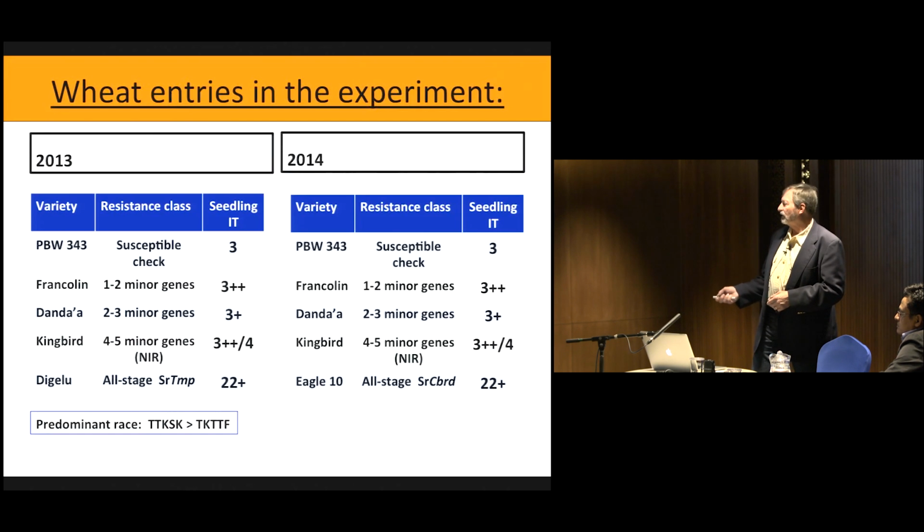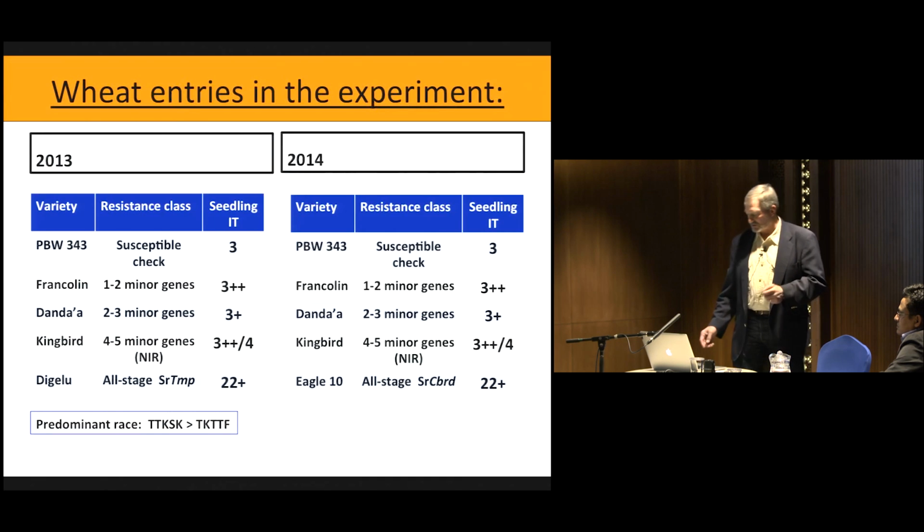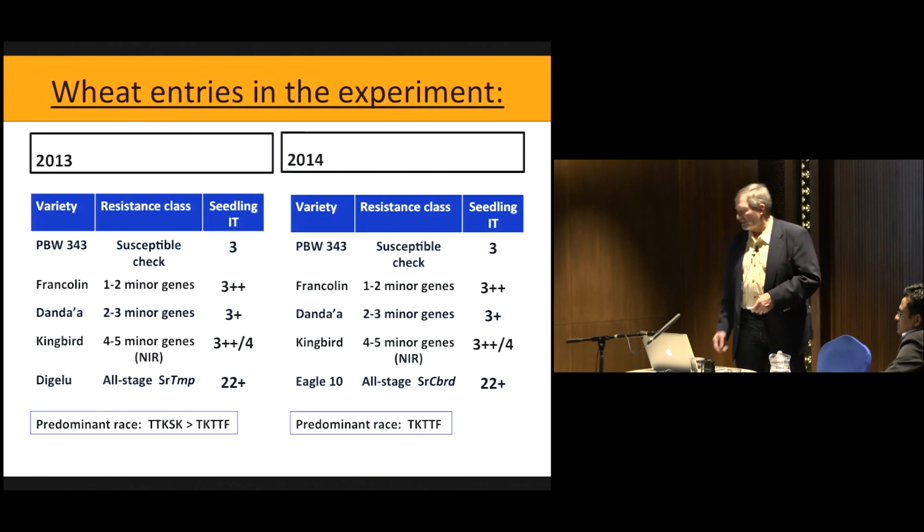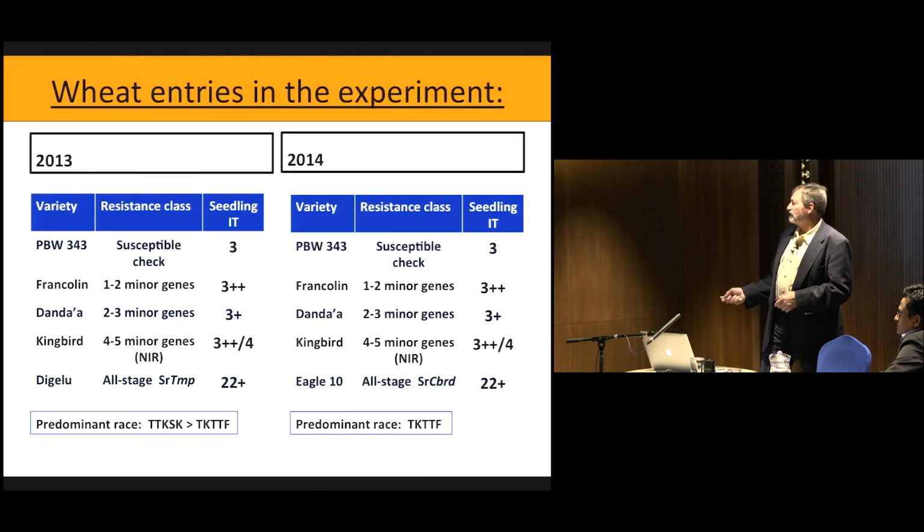And so we could no longer use Digaloo as our all-stage resistant variety. And so we changed to Eagle 10, which is protected by SR catbird, and it gave a seedling response of 2 and 2+.